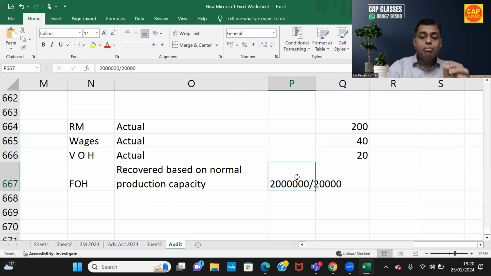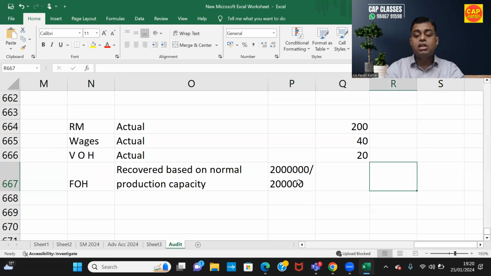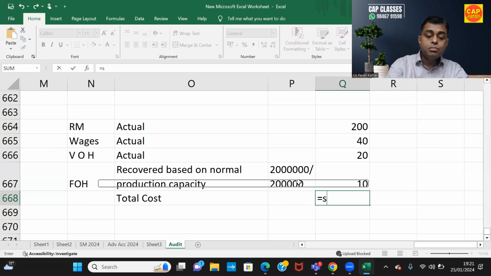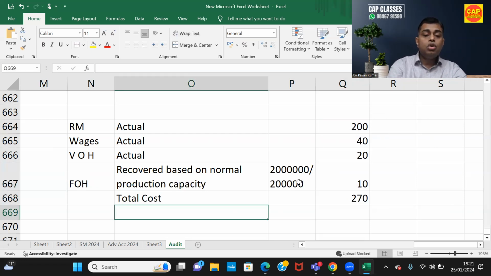That means if the company has spent 20 lakhs fixed cost and it has 2 lakh units, what is the apportioned fixed cost per unit? So is it 10 rupees? So total cost, how much? This is the cost per unit, 270.